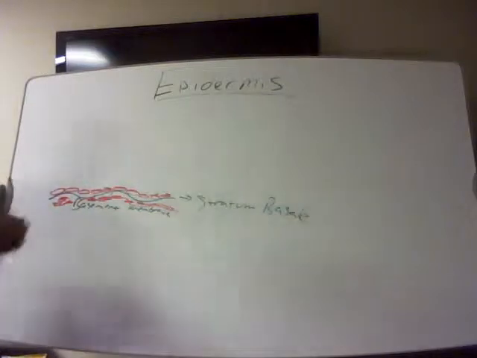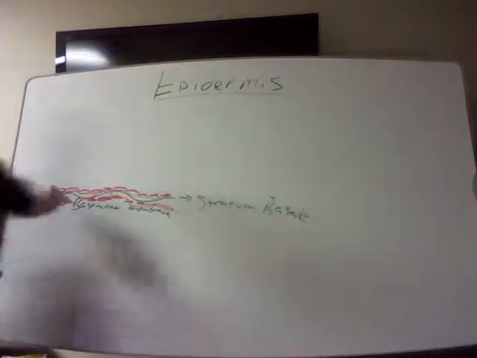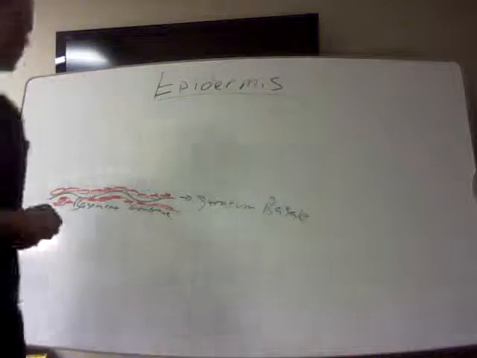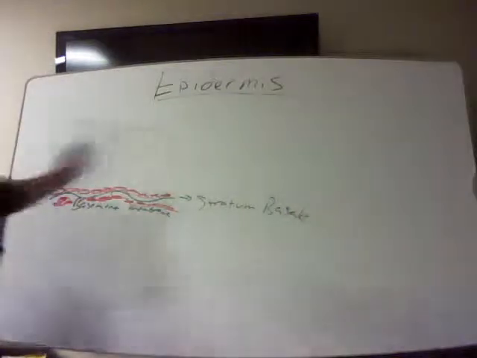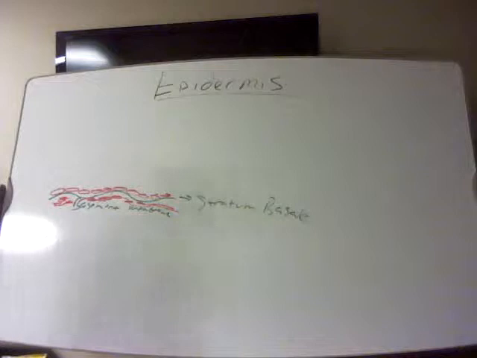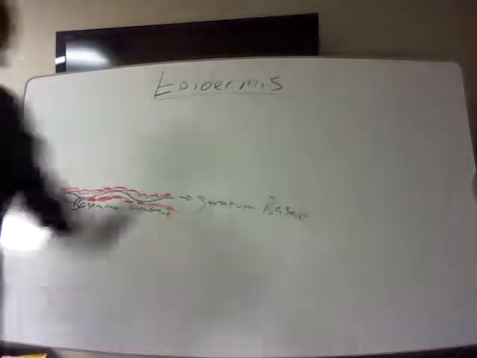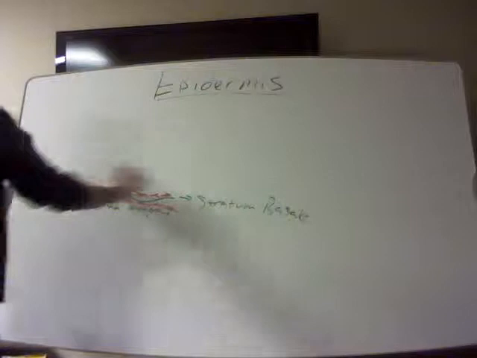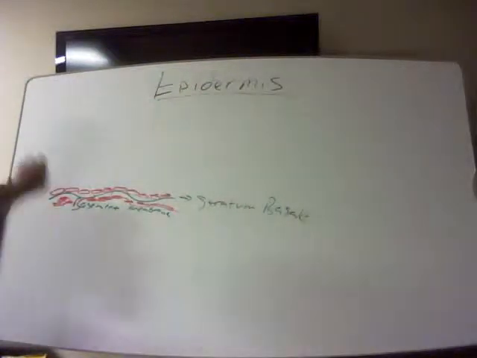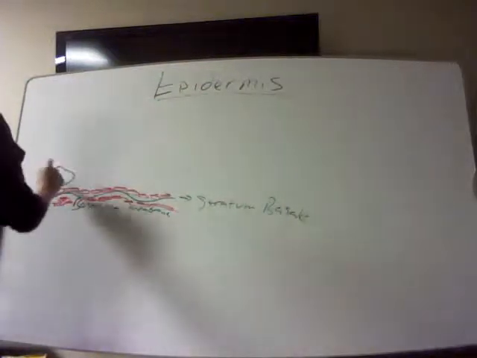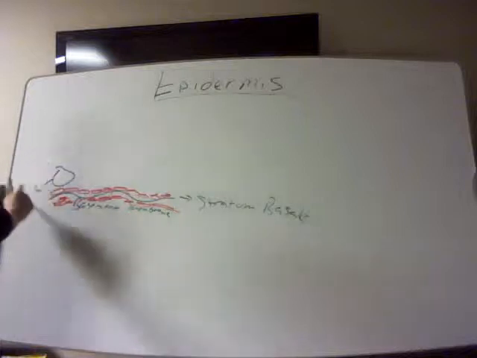So that's the beginning of the epidermis of the skin: the stratum basale, the basement membrane, and then a good chunk of cells located along the basement membrane. One of the types of cells, which we'll label with blue here, is a stem cell.